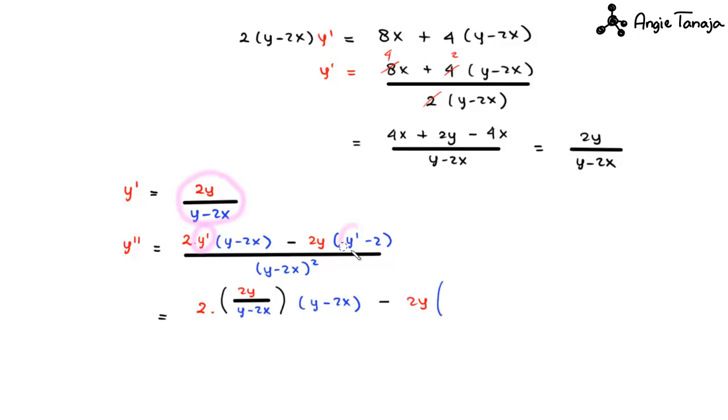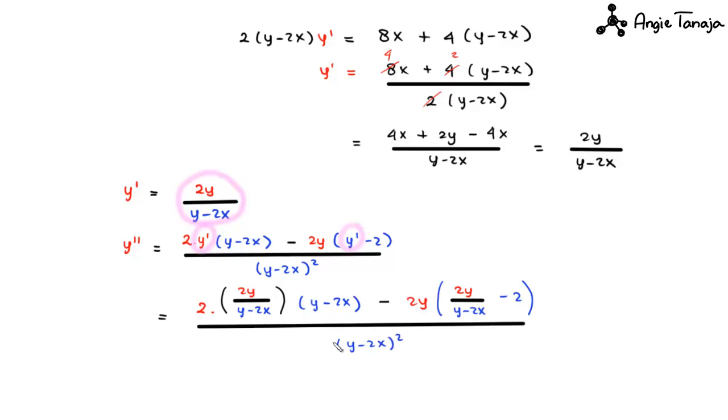You have this y prime. So then it becomes 2y over y minus 2x minus 2 over by y minus 2x squared. And this will be just gone. That's all.